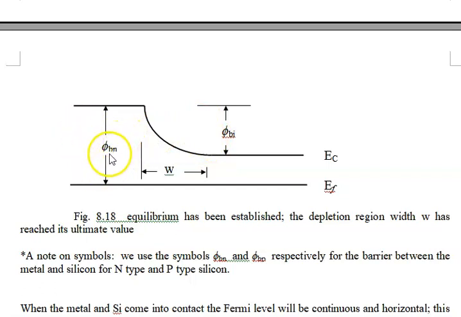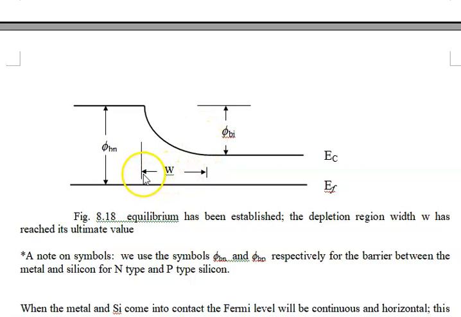Actually, I should call it phi Bm, but for some reason they call it phi Bn. I'm not quite sure why. This is the barrier for electrons moving from the silicon into the metal, and it is significant. It can be rather large fractions of a volt, 0.2 volts, 0.3 volts, I should say electron volts, but it's a significant number.